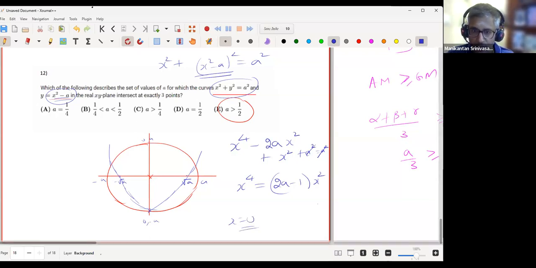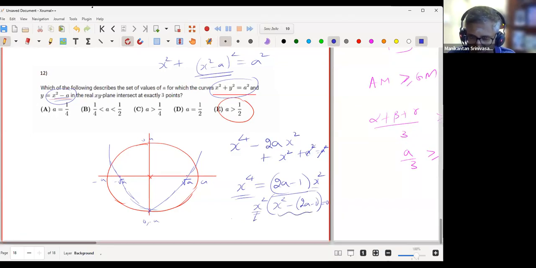So x equal to 0 is clearly 1 root. x power 4 equal to x square, that's the repeated root. Which means I have x square, okay, I'll write it this way, x square times x square minus 2a minus 1 should be equal to 0. It must have 3 distinct roots, which means x equal to 0 is 1 root.